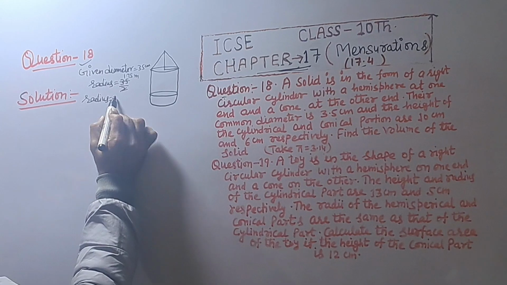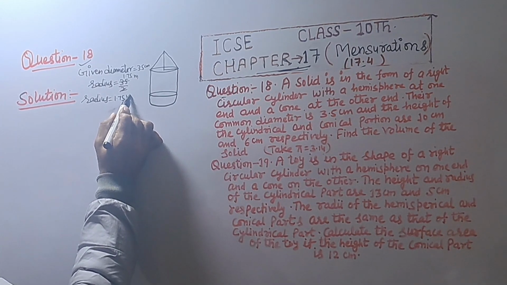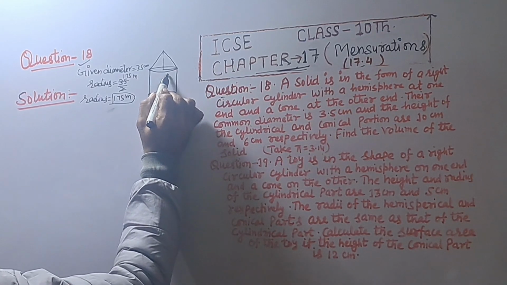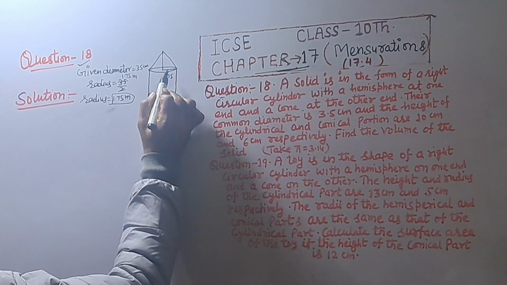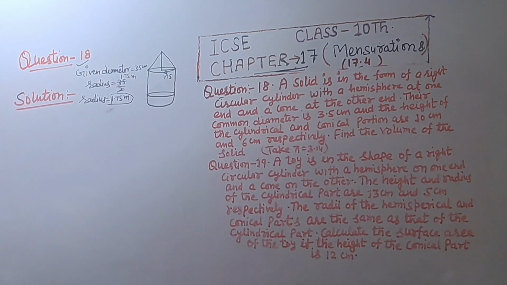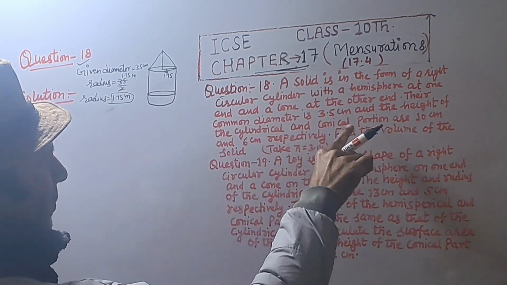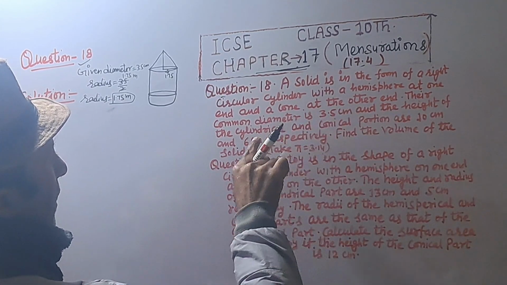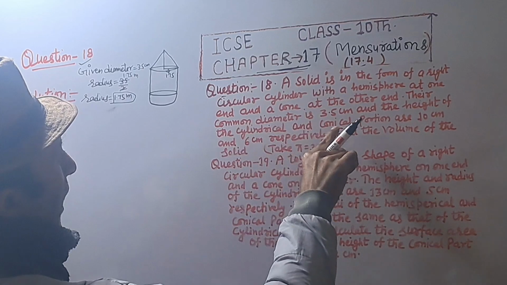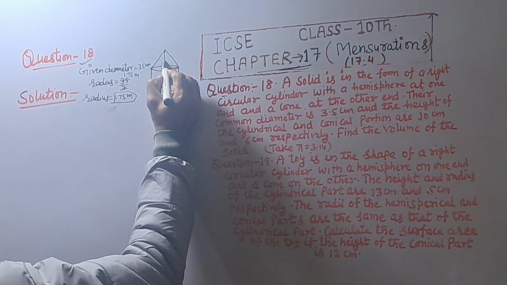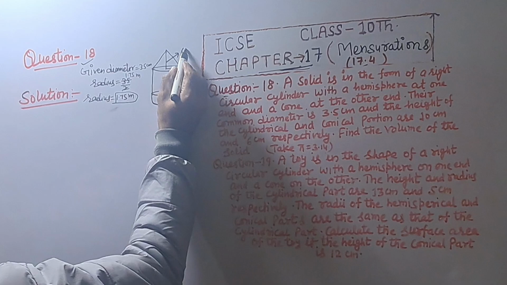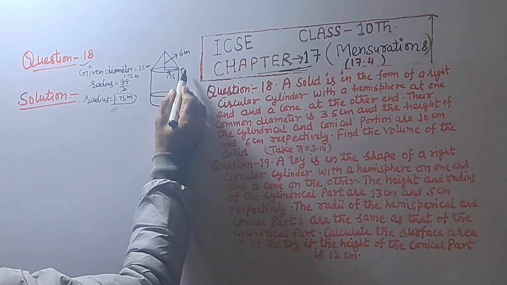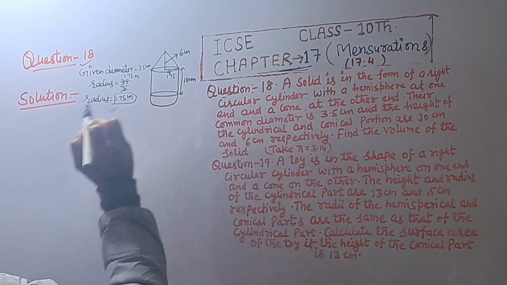Radius is equal to 1.75. And height of cylinder is 10 centimeter and height of cone is equal to 6 centimeter.